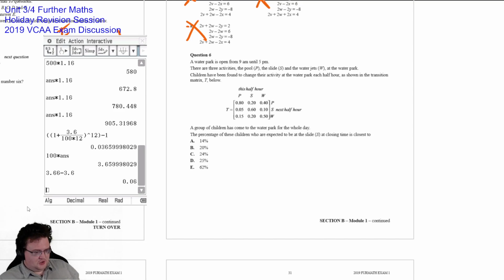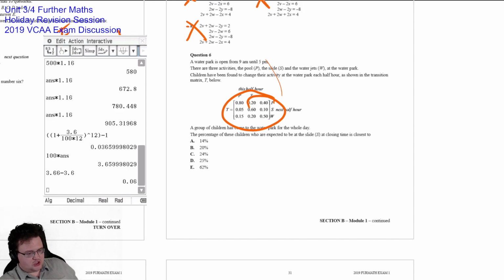The best thing I think to do for that one is to take this transition matrix and raise it to a power. This is a long-term expectation, so we don't need to know an initial state for this one.